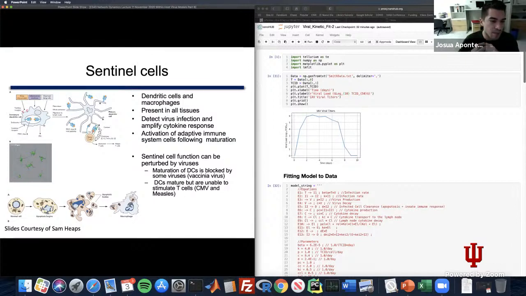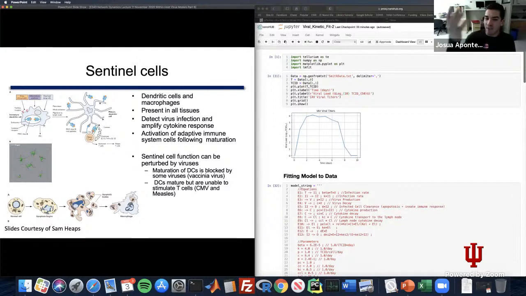They phagocytose parts of the virus from the extracellular environment, or they collect information from cells that are infected, and by recognizing certain cell surface receptors that indicate that the cell is infected, they transport this information to the lymph node, basically collecting the ID of the virus, and then going to the lymph node and reporting, okay, this is the virus that is present in tissue.